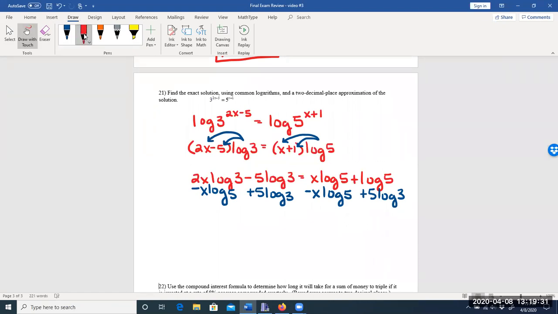So on the left, I have 2x log of 3 minus x log of 5. And this equals log of 5 plus 5 log of 3. Because that cancels and that cancels.